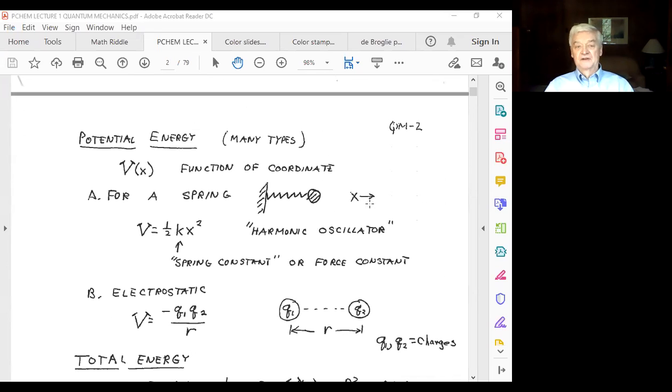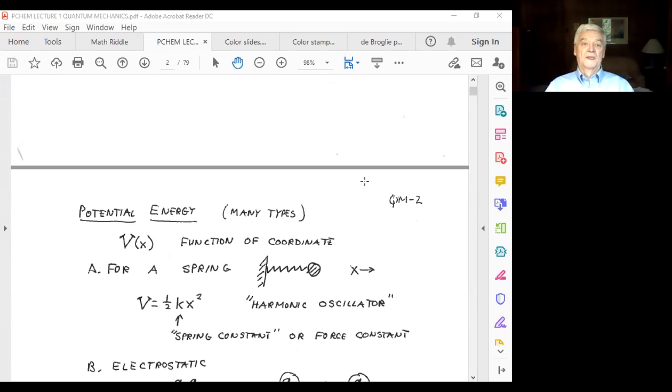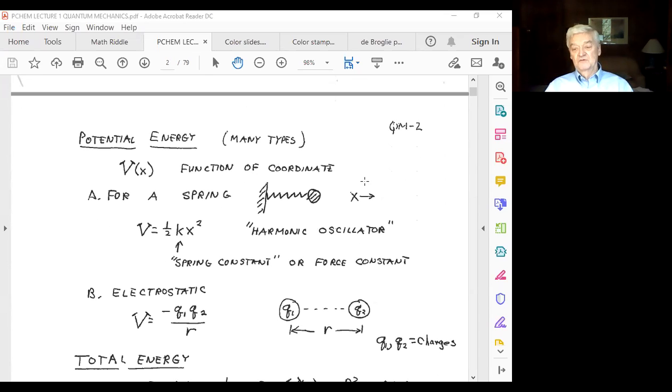We looked at a couple forms of potential energy, one for the harmonic oscillator, which represents springs, or electrostatic attractions or repulsions. And so we can have energy of motion, kinetic energy, or we can have potential energy. We could also have a ball on top of a hill with potential energy, but that won't apply much to what we're going to be doing in this course.